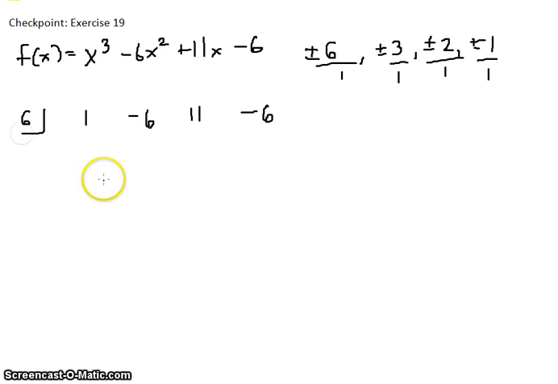Now this may seem like it'll take a long time, but if you do this, it doesn't take that long. That's not a 0, so 6 is out of the question. So now I'm going to test it with -6.